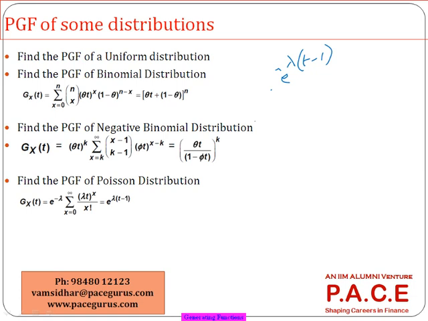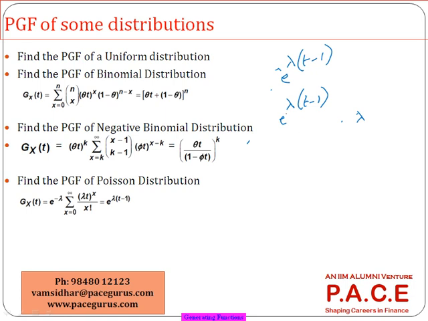Now let's say I want to find the mean of this. We know the mean of the Poisson distribution is lambda. But how do I use the PGF to find that out? All I am doing is I take the derivative of this. E power x, the derivative is e power x only. So e power lambda t minus 1, and I differentiate this with respect to t, which gives lambda.